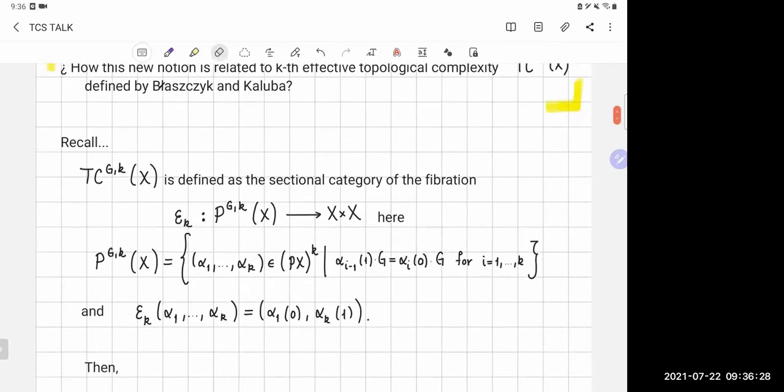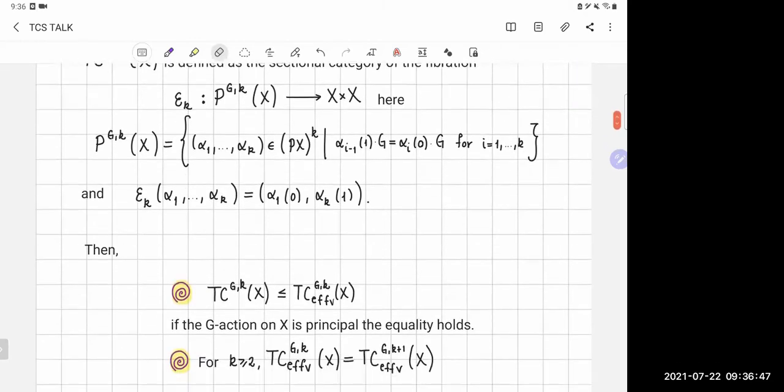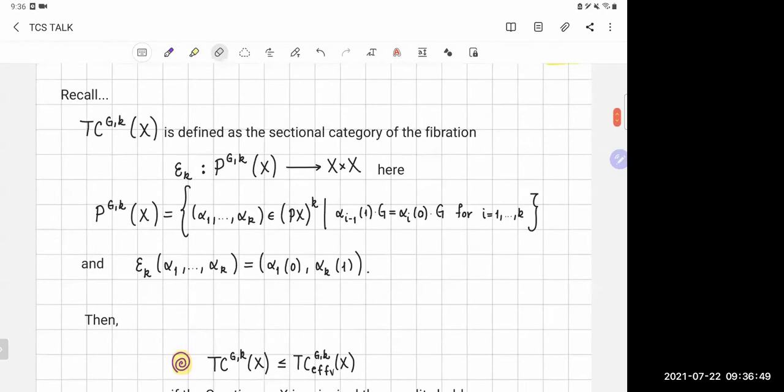And then consider this map epsilon_k, which takes as input an element here, a k-tuple of curves, and turns back the initial point of the first curve and the final point of the last curve. And the effective TC of Blasinski and Kaluba is the sectional category of this fibration.